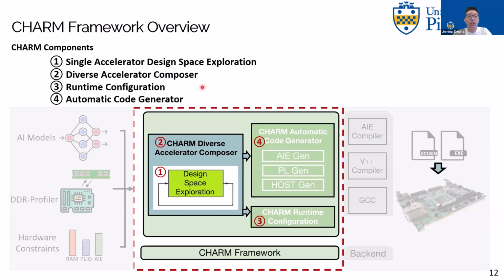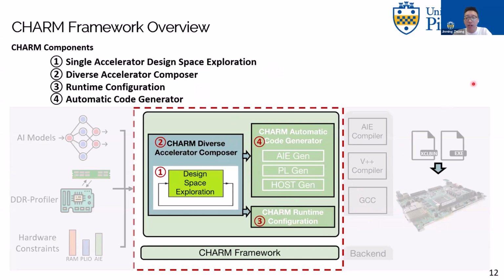The CHARM runtime configuration is responsible for guaranteeing the right execution order for all the layers. The CHARM automatic code generator leverages the information from the composer and the runtime configuration to generate the corresponding design code for AIE, PL, and host CPU.